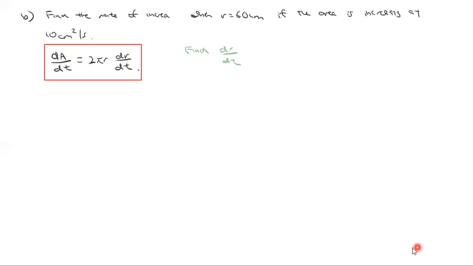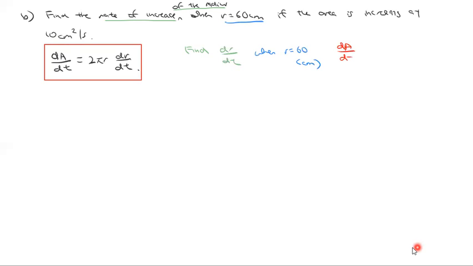So of the radius. I had read it, but I didn't write it. And so that tells you it's dr/dt when r equals 60, and implicitly centimeters, and dA/dt equals 10.